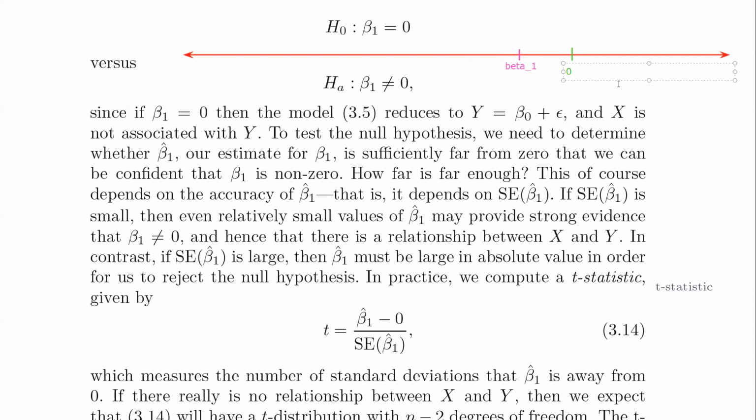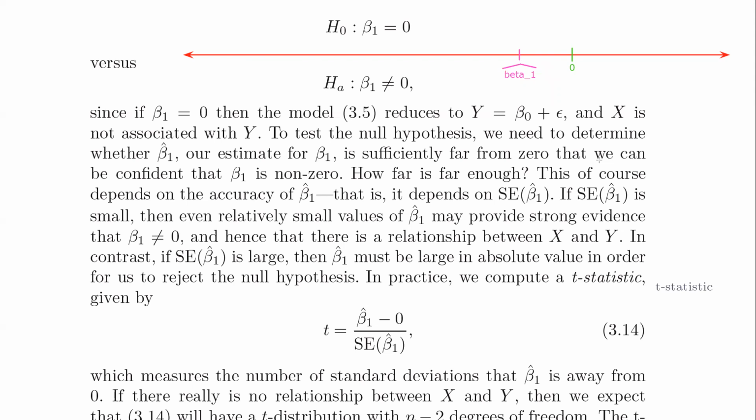Now that's beta 1 with a hat, it's just our estimate. If we had to blindly trust that estimate, if we just went ahead and said, okay, beta 1 hat is the true beta 1, then you would conclude, yes, there is a relationship. Beta 1 is not 0. So there seems to be a negative relationship.